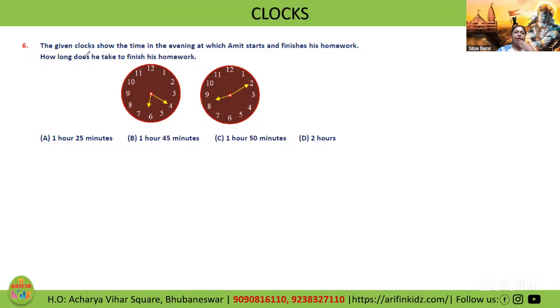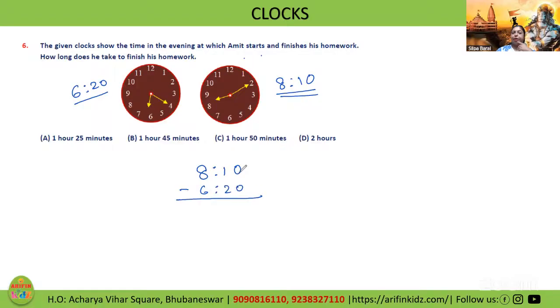Now all of you see the given clock shows the time in the evening at which Amit starts and finishes his homework. So the start time, all of you see, this is 6:20. End time, the homework end time, it is 8:10. Okay, so what is the duration? You can do it like this: 8:10 minus 6:20.